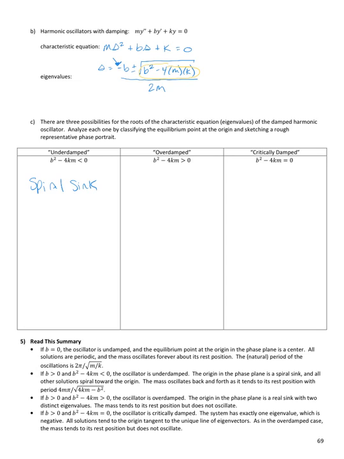Okay, if b squared minus 4km is positive, we're taking the square root of a positive number, which means this is not complex, which means it's either a sink, a source, or a saddle.